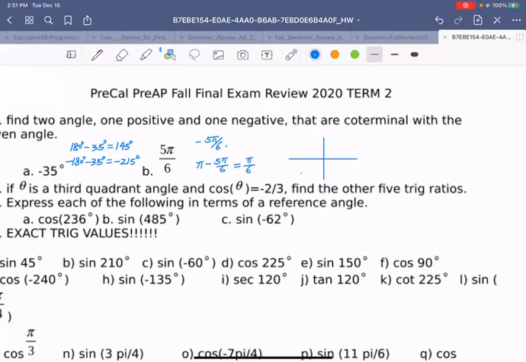So that guy is negative, x is -2, and then y is -3. So the r is square root 4 plus 9. So the sine theta is -2 over square root 13.